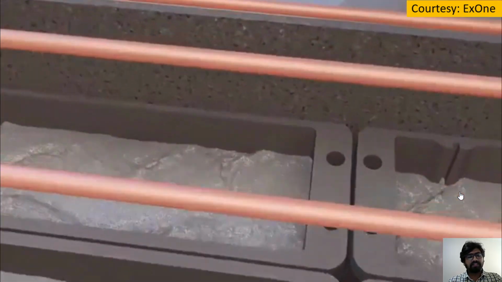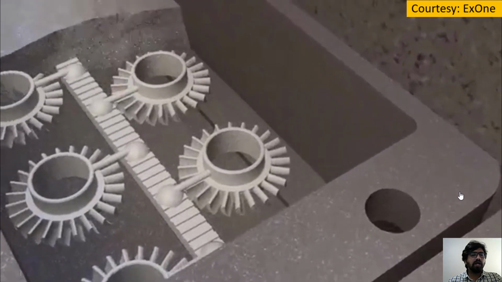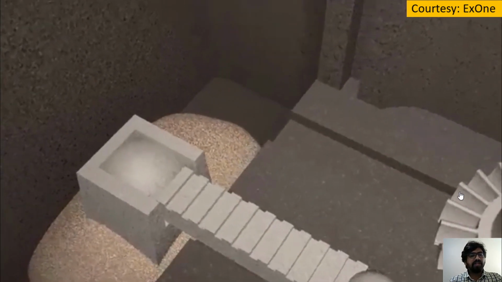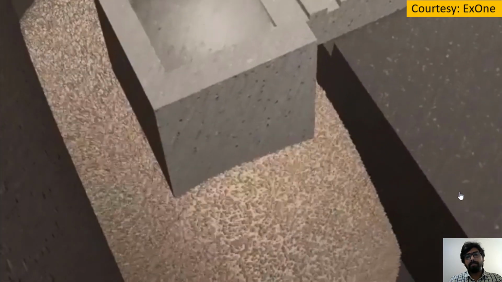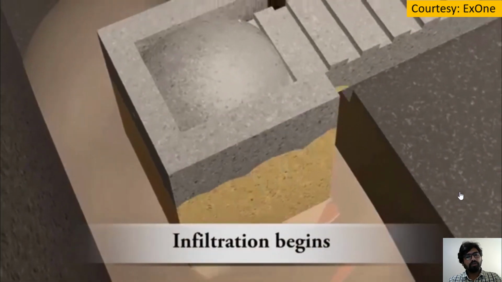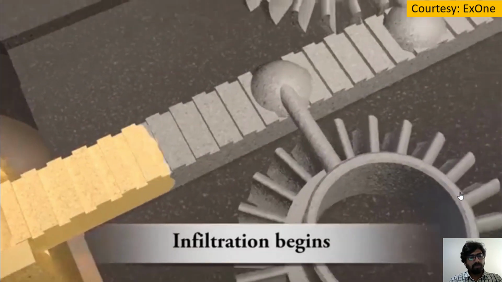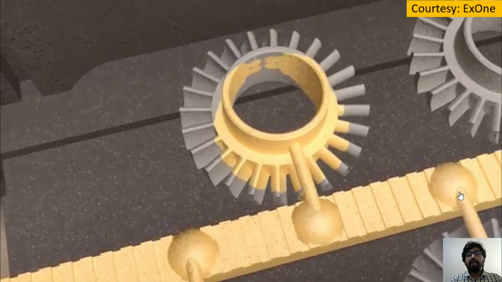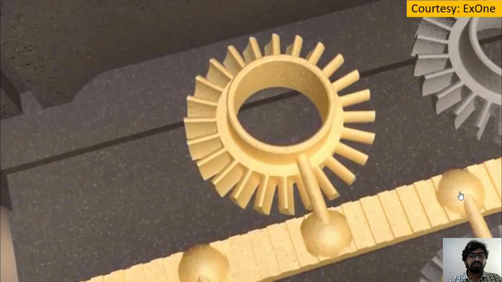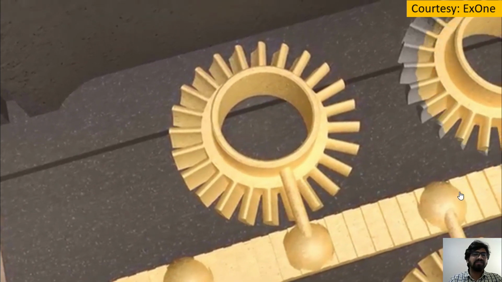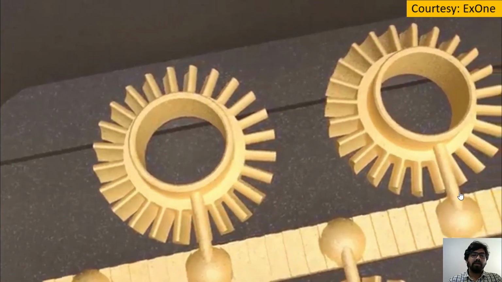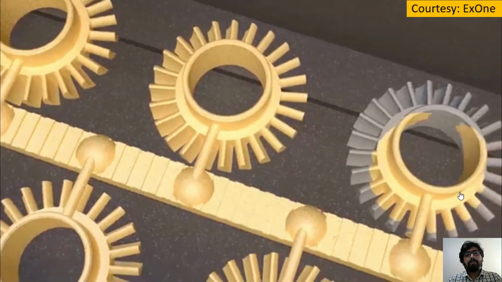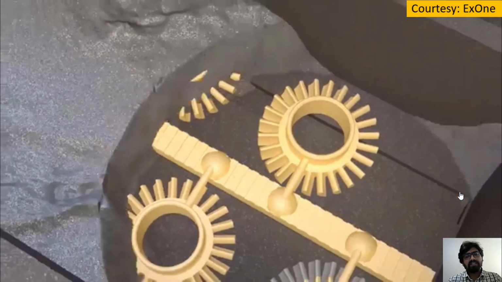As I mentioned, as the temperature increases, the powder particles corresponding to the copper will get melted, and please note that the metal particles corresponding to the part will not melt, but the copper will melt, and this liquid copper will infiltrate into the pores available in these parts created by binder jetting. And how are these pores coming? As the temperature is rising, the binder is already evaporated and that is leaving a cavity behind.